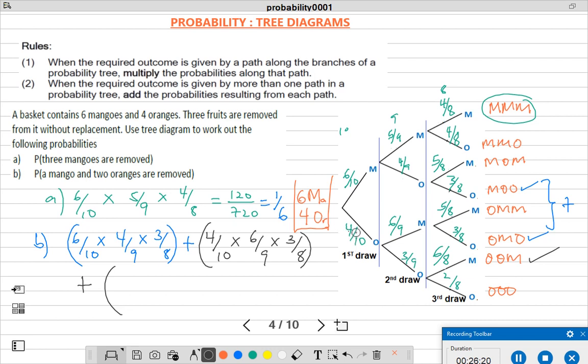So we shall be having orange, orange, mango. That is orange 4 out of 10 times 3 out of 9 times 6 out of 8. So when you add the whole of this, press the calculator very well. The answer will be 3 out of 10.